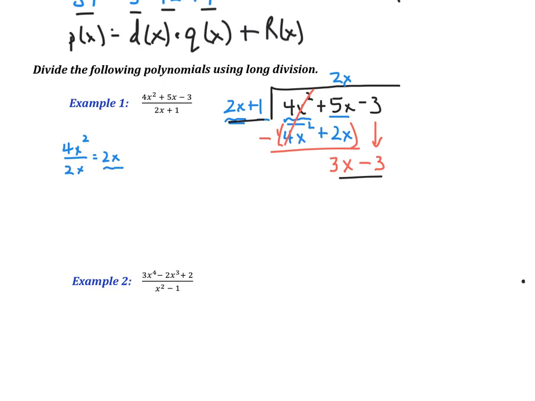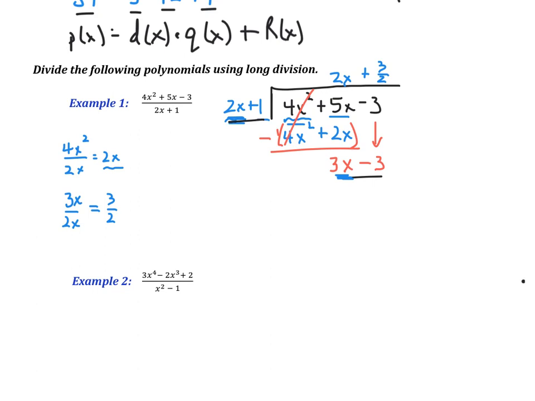Like I did earlier, I always take the first term, the 3x, and figure out how many times 2x can go into it. Well, 3x divided by 2x, the x's cancel, and I'm left with 3 halves. So I'm going to put a 3 halves up here. Now I take this 3 halves, and I have to multiply it by the two terms in front and put my result down here.